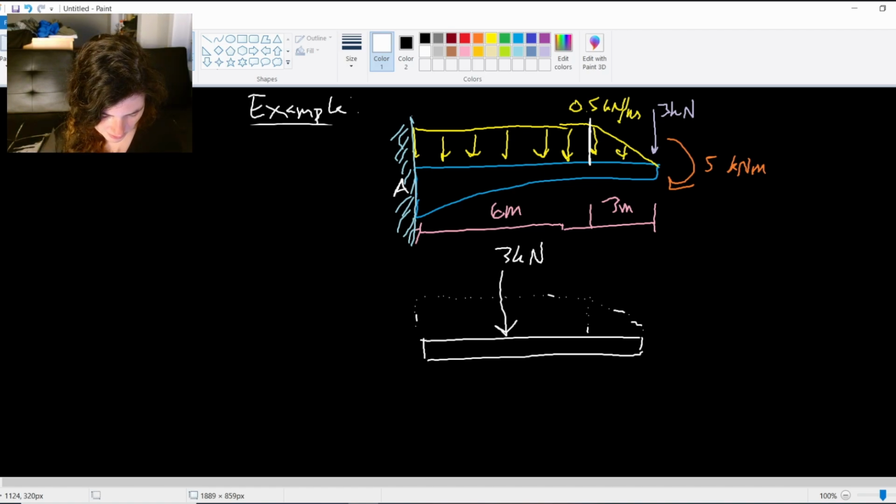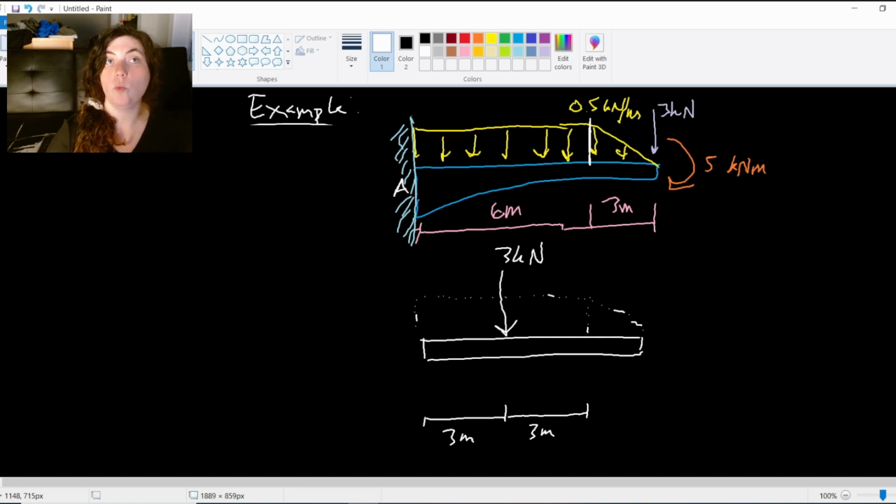And then this acts 3 meters inwards. And then it's another 3 meters to the triangle. And then I have my 1/2 base times height to get my distributed loading for the triangle. So 1/2 times 1/2 times 3.